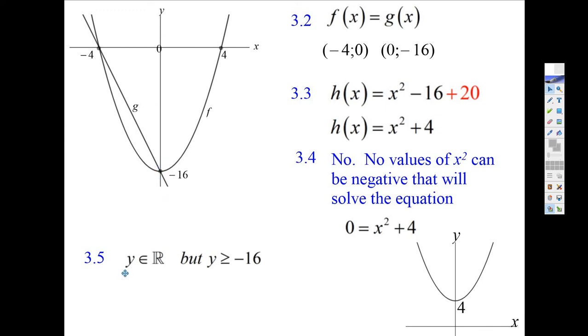So y is an element of the real numbers, but it's got to be greater than or equal to minus 16. That's called the range of f, all the things y can be. For the line, y could be anything. This line goes on forever. For g, the range is all real numbers. But for f, it's greater than or equal to minus 16. And that's it.